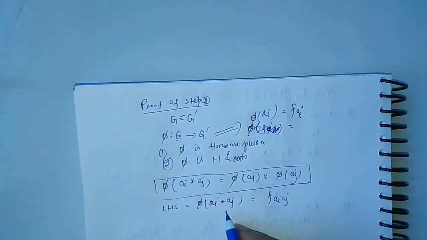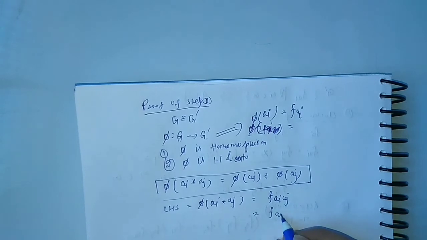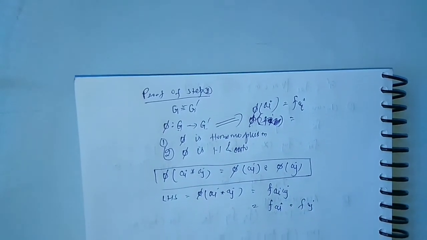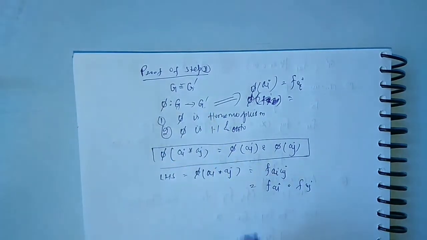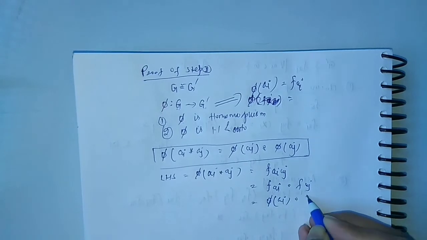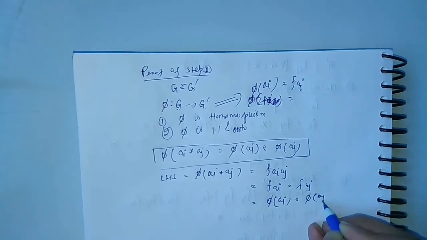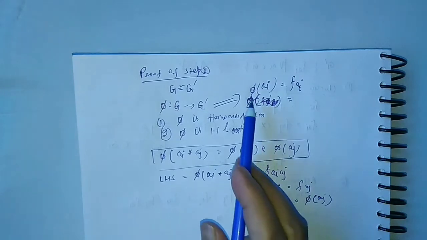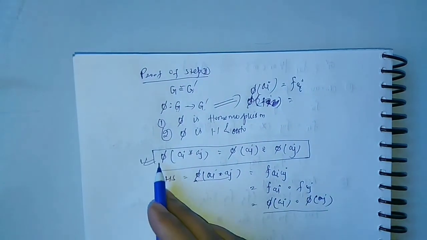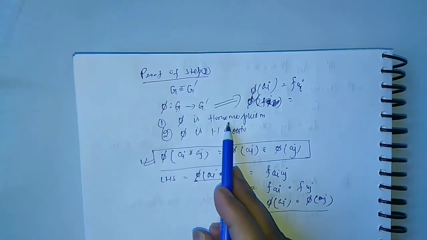So phi(ai star aj) will be equal to f(ai aj), and this is equal to f(ai) operation f(aj) from the closure property of this group G dash, and it is equal to phi(ai) operation phi(aj) from this definition. So this is equal to this. So this is satisfied here. So phi is a homomorphism.